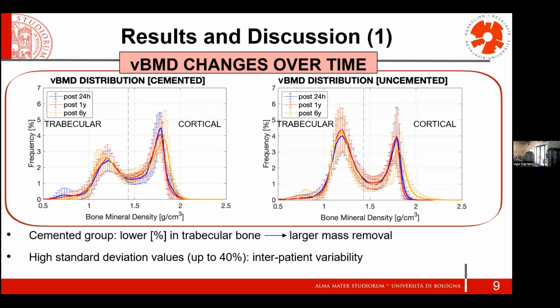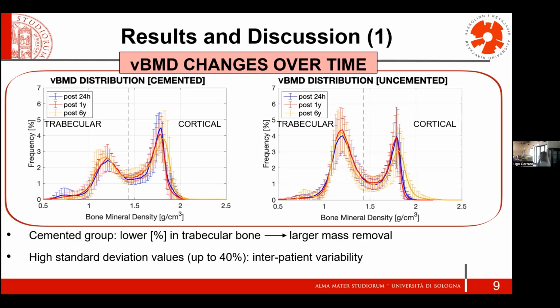But also the values of standard deviation are really high, up to 40%. This is caused by the high interpatient variability that we had throughout our cohort.